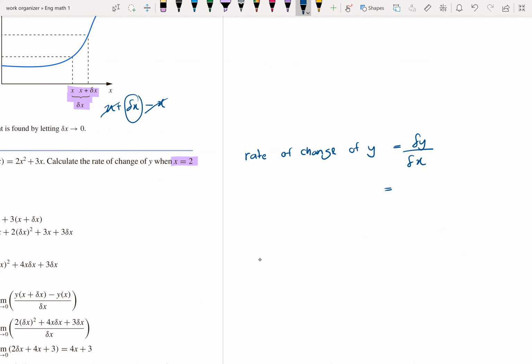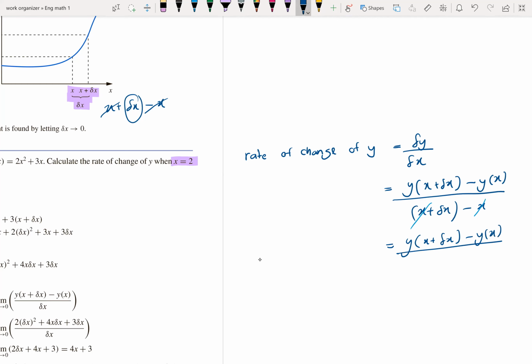Again, we know that it is y(x + delta x) minus y(x), over x plus delta x minus x. This one we can cancel out, so what is left is y(x + delta x) minus y(x) over delta x.